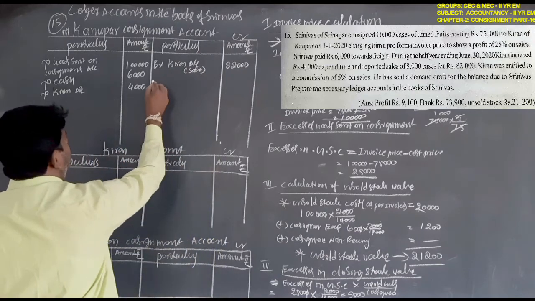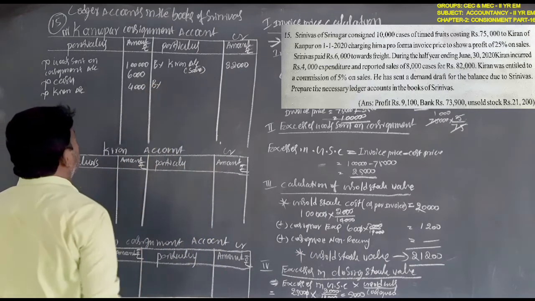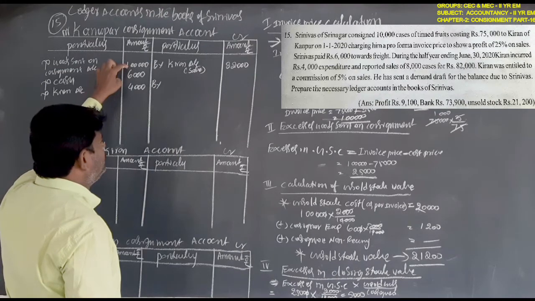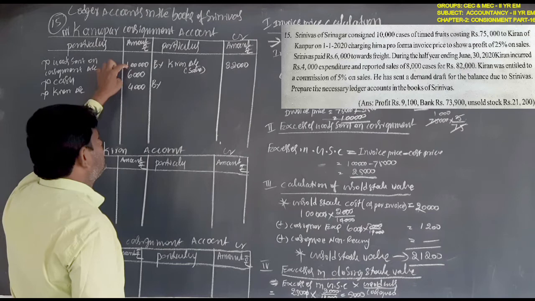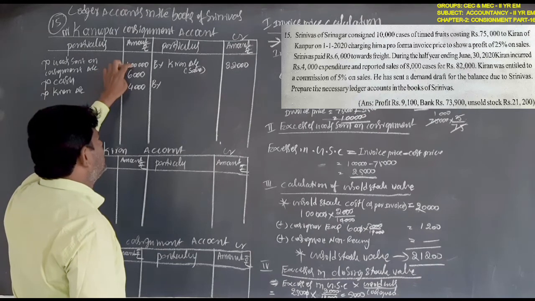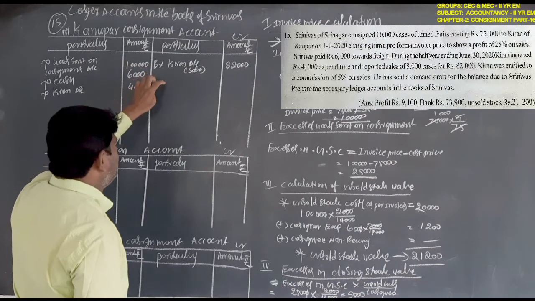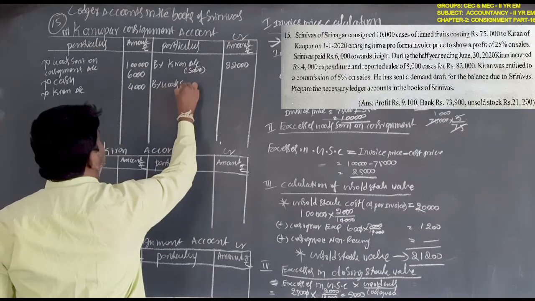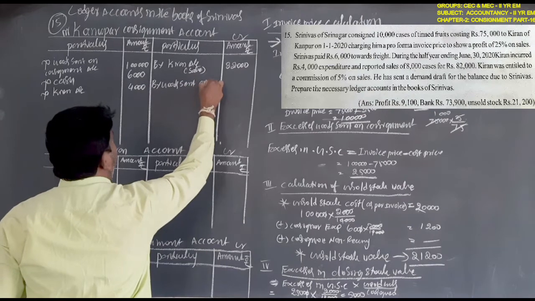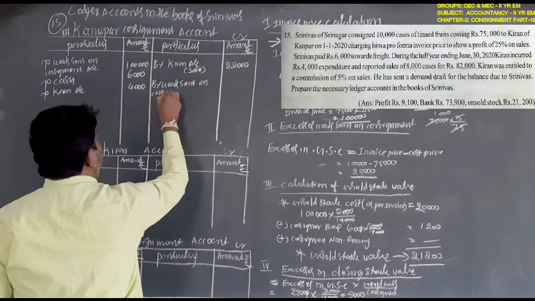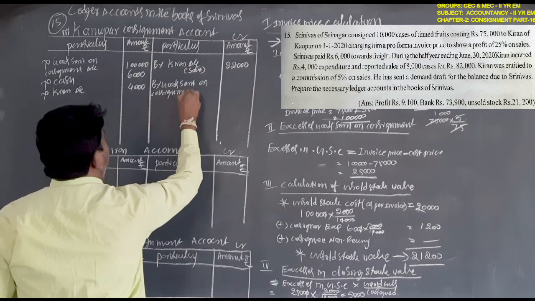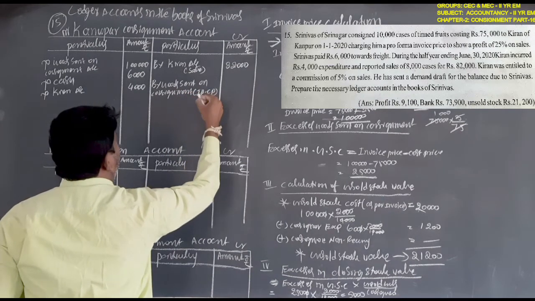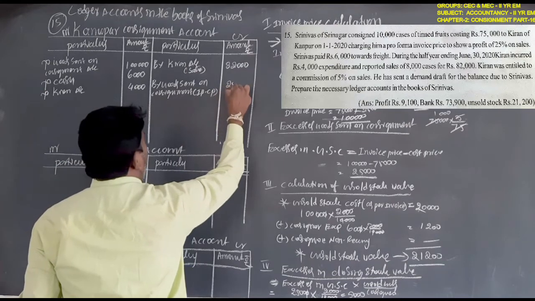Next, by goods sent on consignment account. What is included here? Of the 1,00,000, 25,000 is excess. For that 25,000 rupees excess, for cancellation purposes, write here only goods sent on consignment: IP minus CP, which is 25,000 rupees.